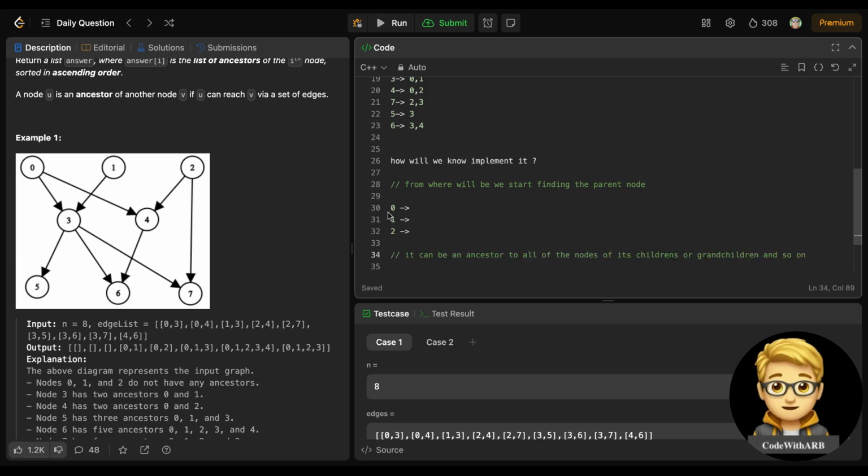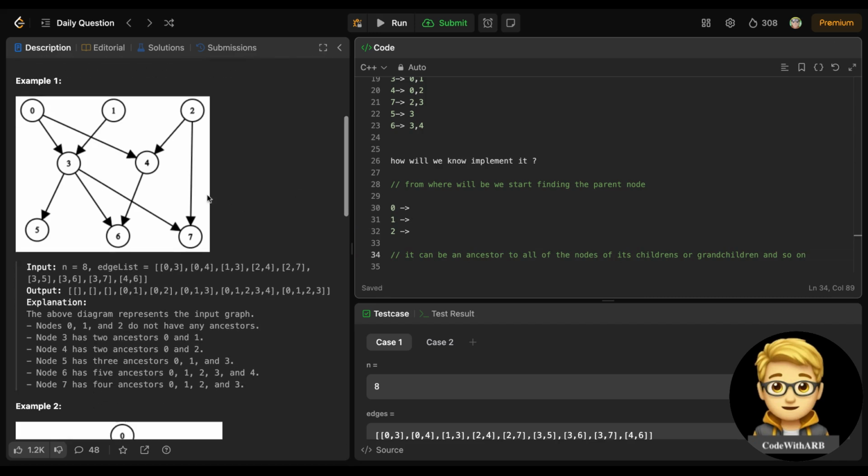So if I start from this 0 and include it for its children and grandchildren, I am sure that this 0 will be included in all of the nodes where it should be, because 0 will be an ancestor for us. If I start from 0, I can go to 3 and 4, so 0 will be included in the ancestors for 3 and 4 as well.